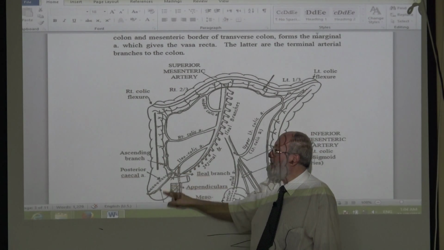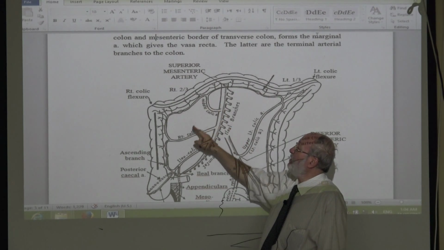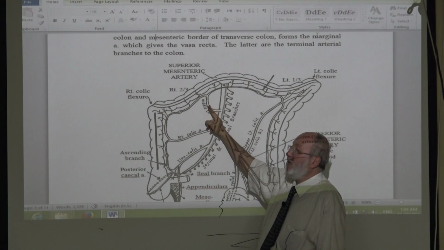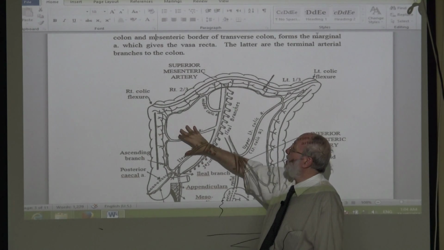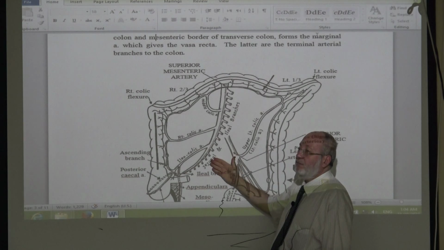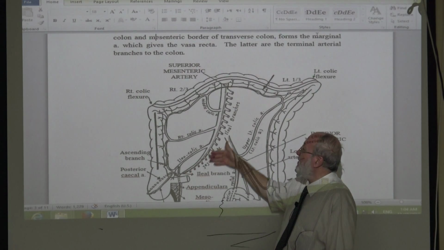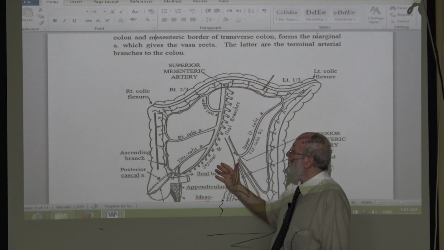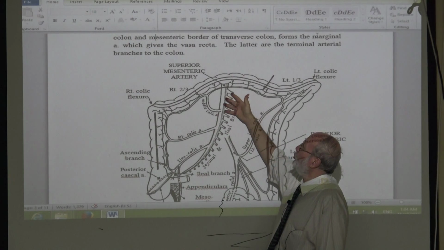Terminal ileum and cecum, ileocolic vein. And the three veins from the colon, middle colic vein, right colic vein, ileocolic vein, drain into superior mesenteric vein. The superior mesenteric vein, as it ascends, receives ileal and jejunal veins.